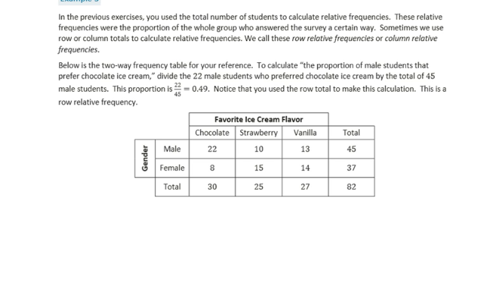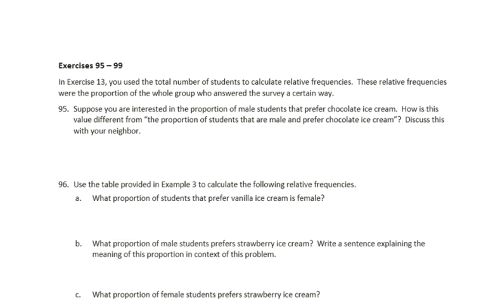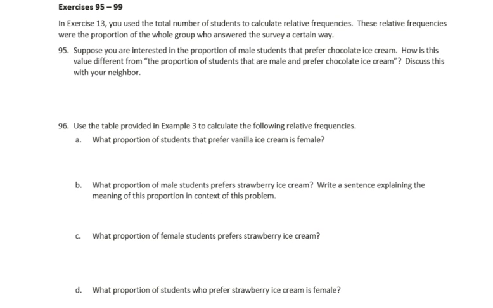So in this case, this is our exact table we used. But we can use it also a different way, going across instead. This was the survey to the group.